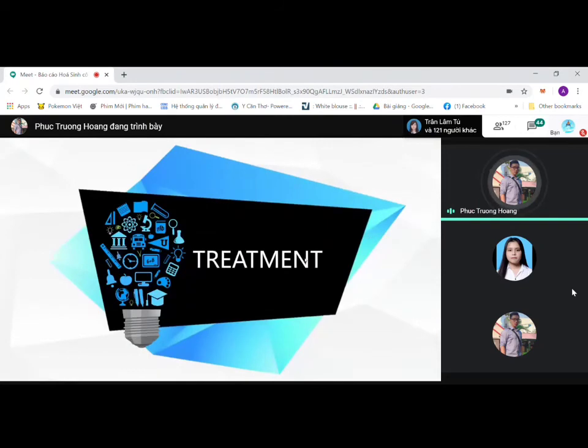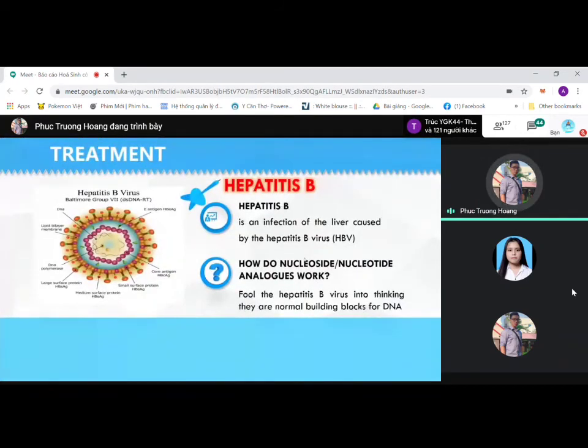We move into treatment. The first target in treatment is hepatitis B virus. This is the structure of the virus that we have learned in microbiology.